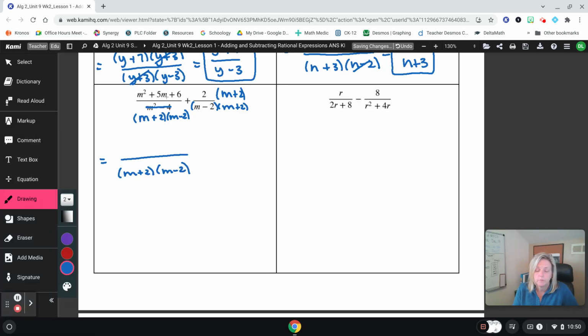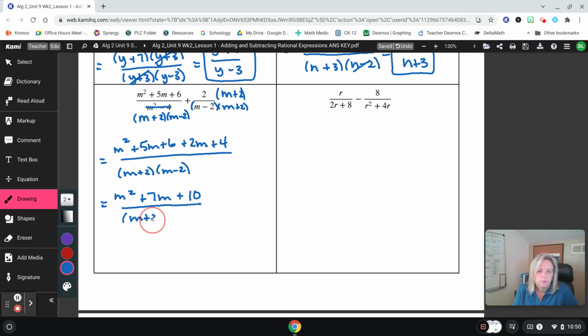And then we're just going to simplify the numerator. So m squared plus 5m plus 6. And now we have a plus sign, so we can just distribute a plus 2. So plus 2m plus 4. And we'll combine our like terms, m squared plus 7m plus 10 over m plus 2 times m minus 2.